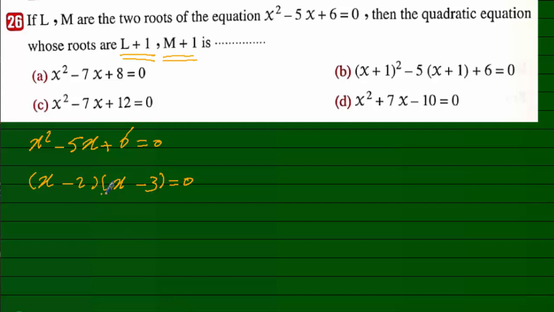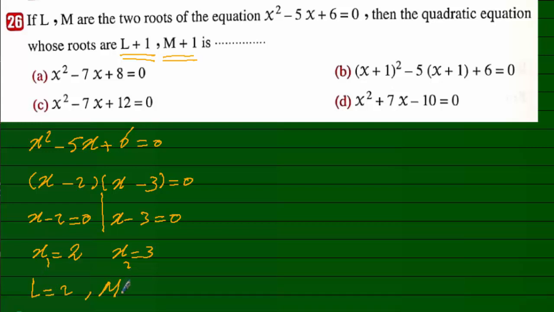So putting x minus 2 equals 0, we get x equals 2. And putting x minus 3 equals 0, we have x equals 3. So the two roots of the given equation, x1 and x2, you can say that L equals 2 and M equals 3.